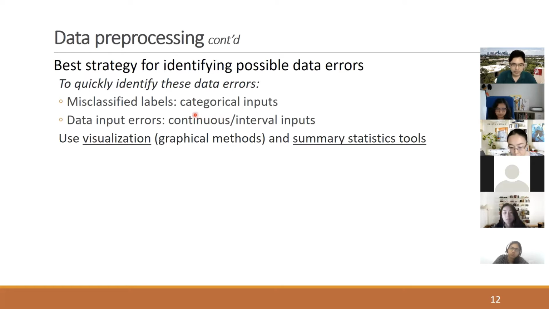Labels of the categorical variables are misclassified, which can be a problem of overlapping categories. If there's a category which is Asia, but then Japan is another category, then Japan should be part of the Asia category. So that's misclassified.